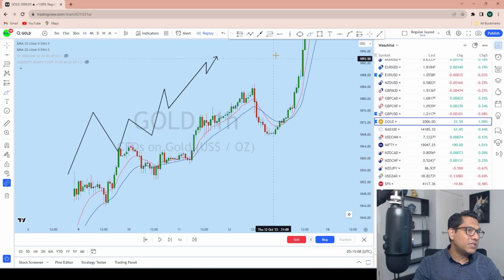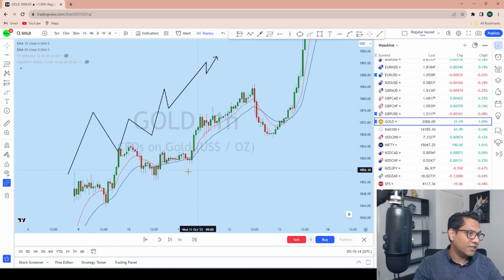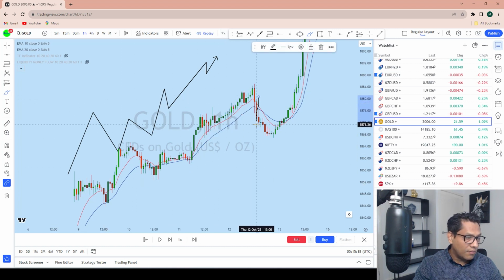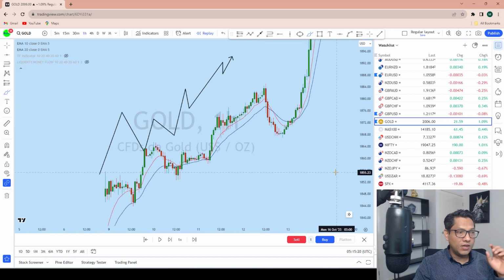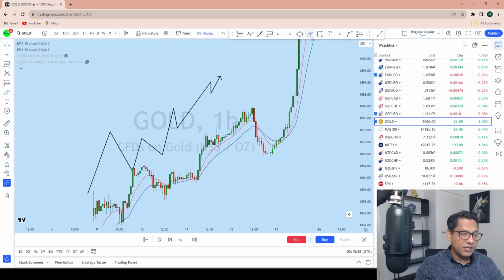The market has broken this dynamic trend line, this 20 EMA acting as a dynamic support. As you can see, as soon as this structure is broken, there is a tendency to jump on a sell, thinking that okay, the market has broken out of the structure, it is going to change the trend, let's sell.